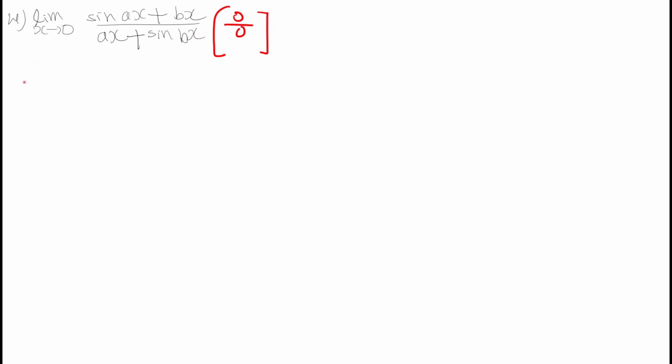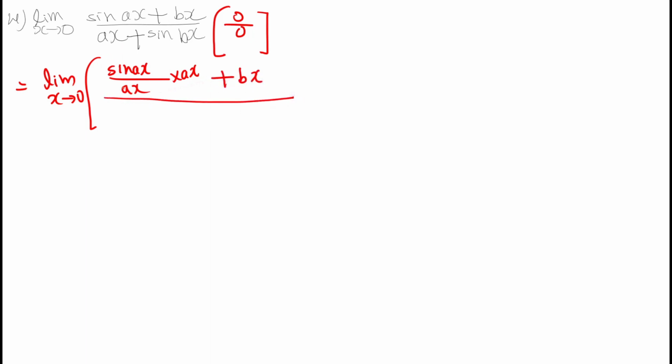Simplify this one. It equals limit x tending to 0, keeping it outside, sin ax, to get the required answer, divided by ax into ax, because sin theta by theta, then only we can substitute it as 1, plus what remains in the numerator, bx, divided by, again ax with no change, plus sin bx.